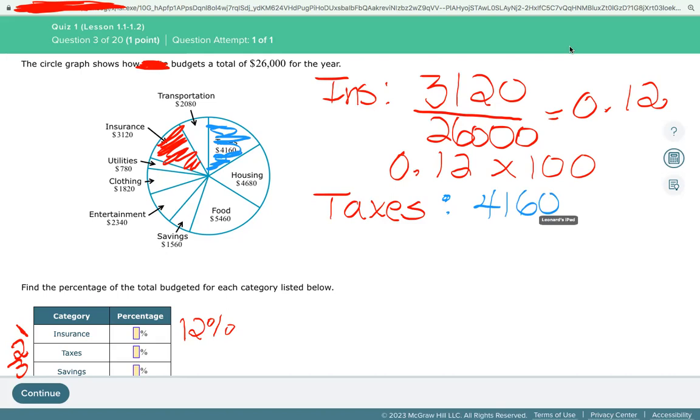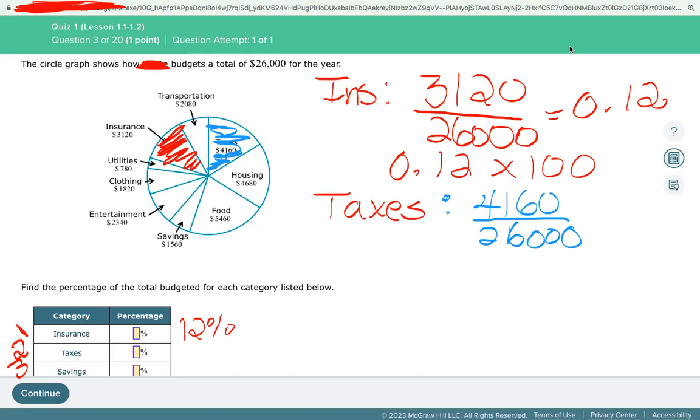So we're going to take that out of the overall budget of $26,000 for the year. Just like with the insurance, you go on the calculator and do your division. You take the $4,160 and divide it by the total budget of $26,000 for the year.